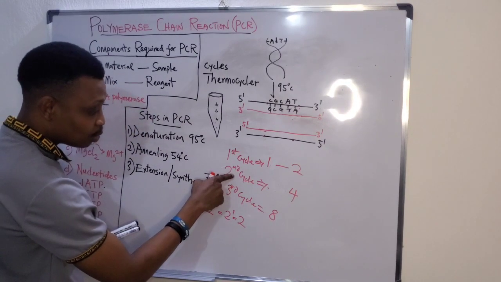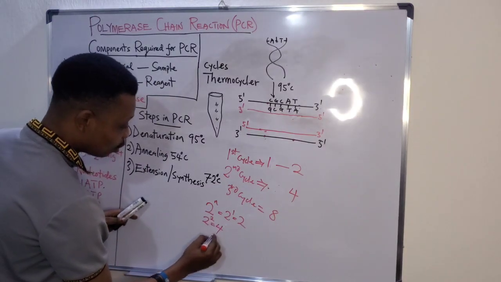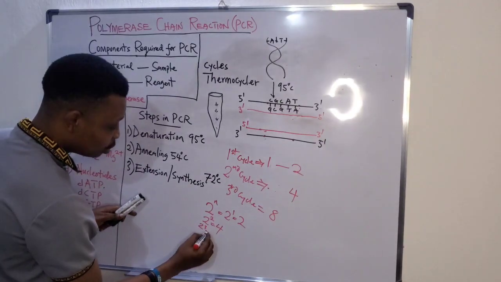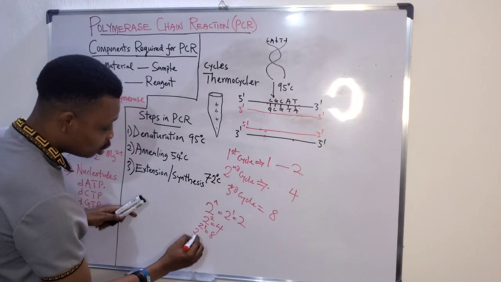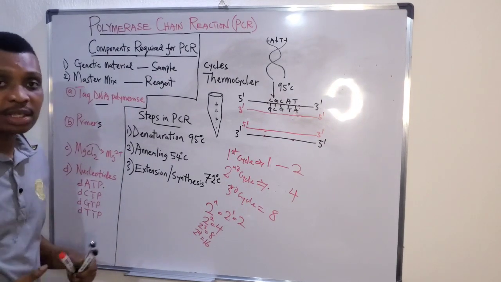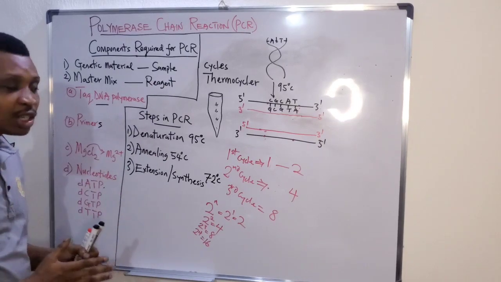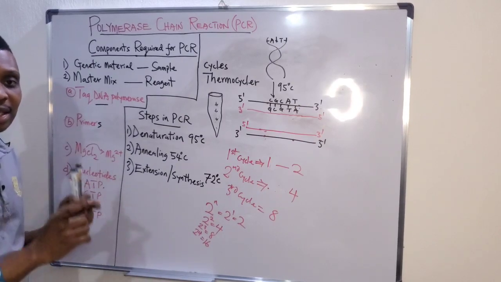When the number of circle is 2, it will be what? 2 raised to power 2, which is what? 4. And when the number of circle is 3, it will be 2 raised to power 3, which is what? 8. And then when the circle is 4, it will be 2 raised to power 4, which is what? 16. So we can say that in polymerase chain reaction, there's an exponential amplification of a specific nucleic acid sequence.